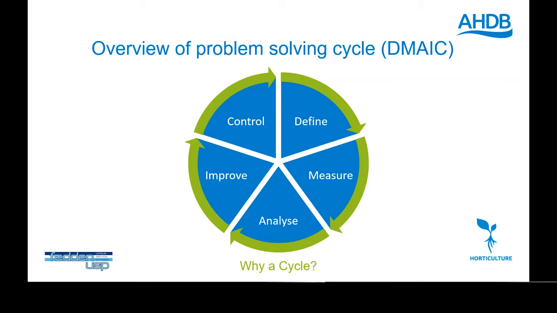So all of these, this is a technique at an overview level, is really useful when thinking about problems. But it's also fair to say when you find some problems with some obvious solutions, getting to the point of trying things and making improvements is really important as well. So I really advocate thinking about this as a general structure, but also if there are some obvious answers to some things and you can try them in a fairly low risk way, why would you not just get on with them?